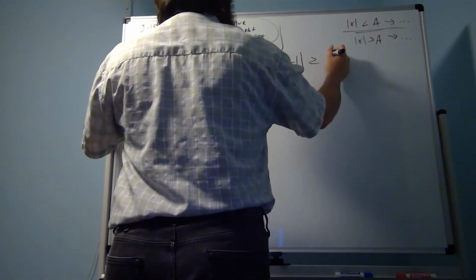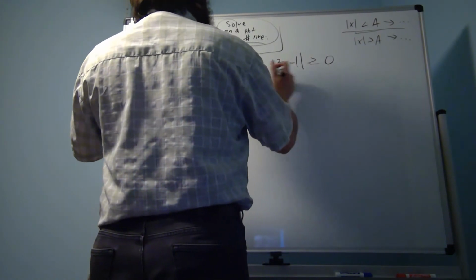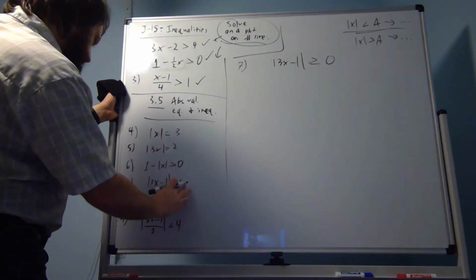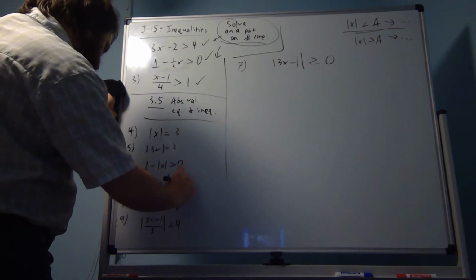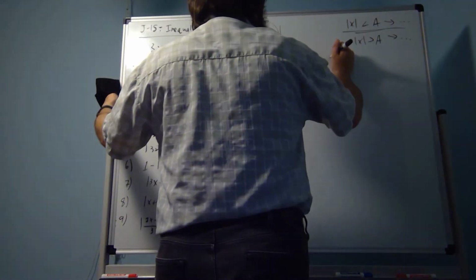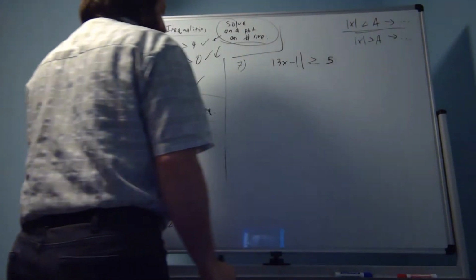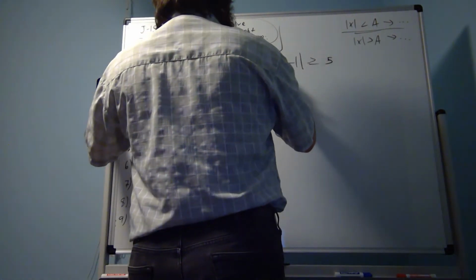The greater than or equal to's are a little bit annoying. But I didn't mean to write that down. I meant to write down something like, I don't know, just 5. I definitely didn't mean to say 0. I wanted to keep this one kind of standard.